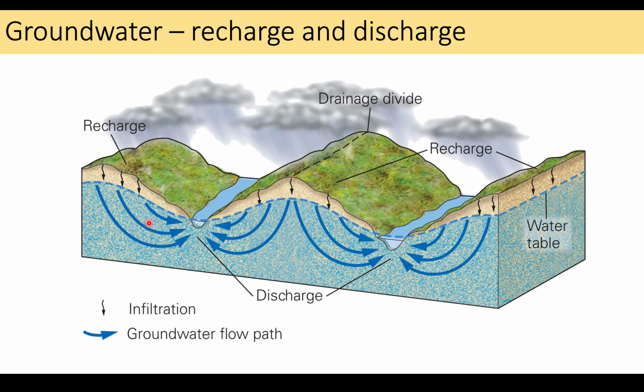So the water is able to move downwards towards this lower elevation surface of our water table as well, and fill in this stream. So we have two streams here that are being recharged by the rain, and then the water table is discharging into the stream.